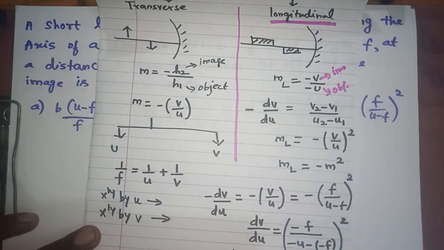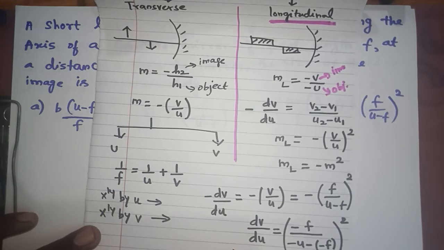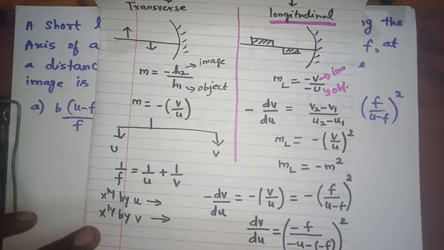I can write dv by b equal to f, and this minus sign out, right? Here I am taking this minus, so u minus into minus plus, and minus of here I can take another minus here, minus uf, I can put it to the whole square, this minus and minus get cancelled.